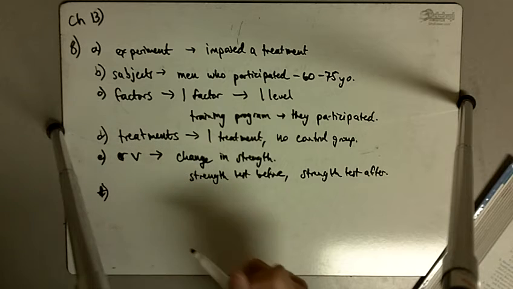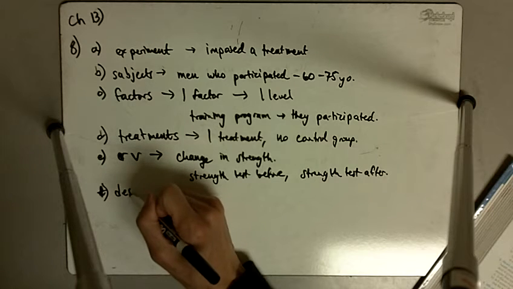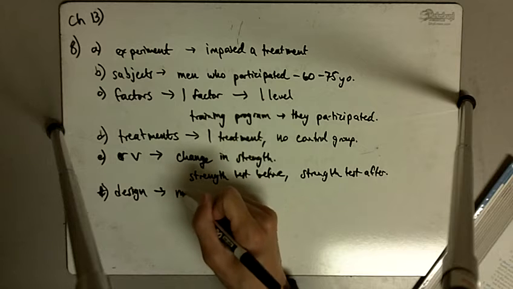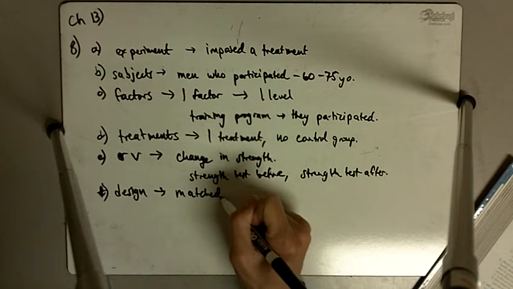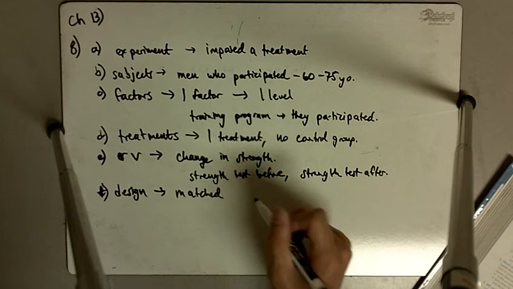And now we're on letter F. The design is completely randomized, blocked, or matched. We barely talked about design, but this is a matched design because we're comparing one man's strength to his own strength.